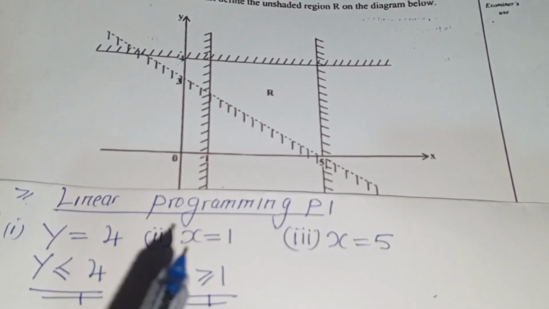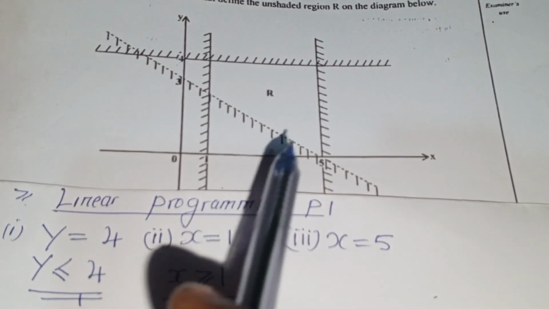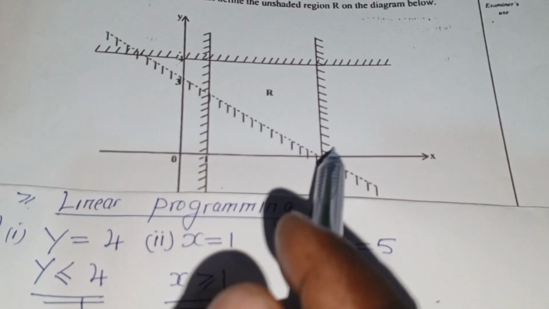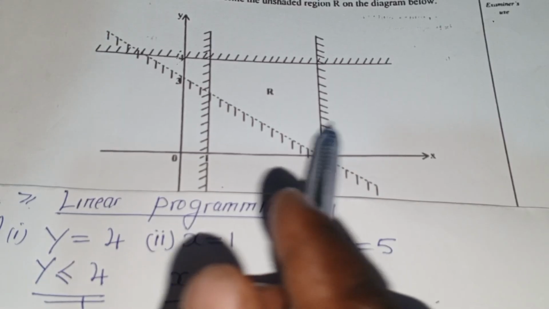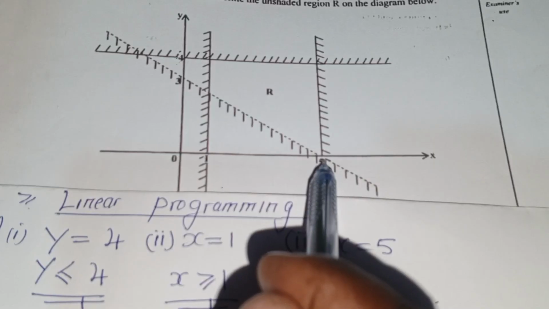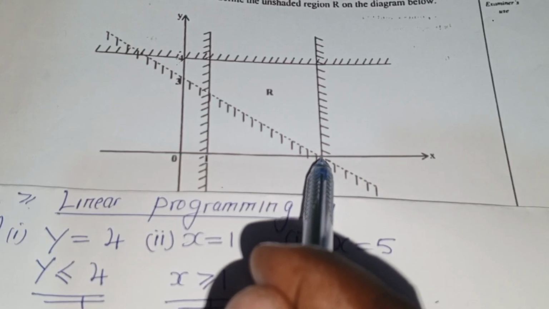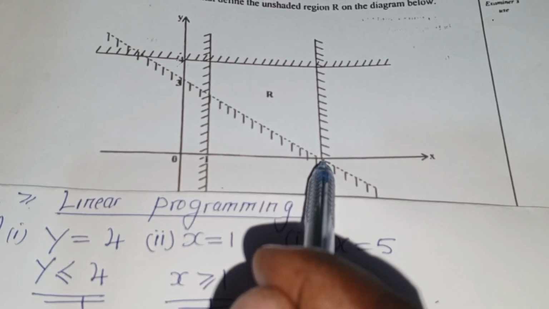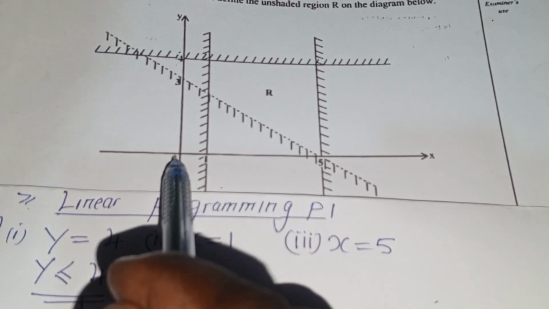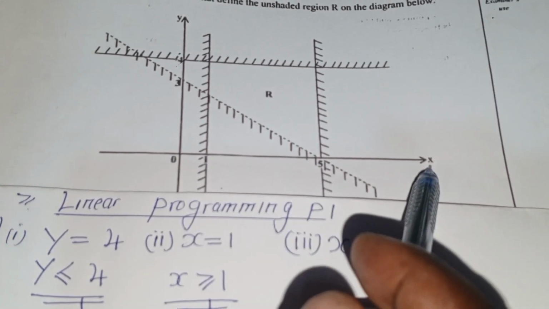Now, between the two, which one? That's when you ask yourself about the part that is not shaded. Is it less or is it greater? The right side of this line is shaded, while the left side of the line is not shaded. On the left side, from this point going this side, the numbers are reducing, so this is the less part. From here going this side, the numbers are increasing.